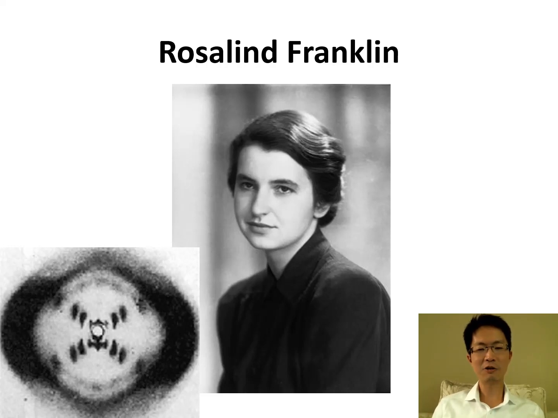She had her own lab, which is very impressive. At that time, not many women did research or science. She's one of the few female scientists. Not only that, she had her own lab, which makes her very, very impressive.